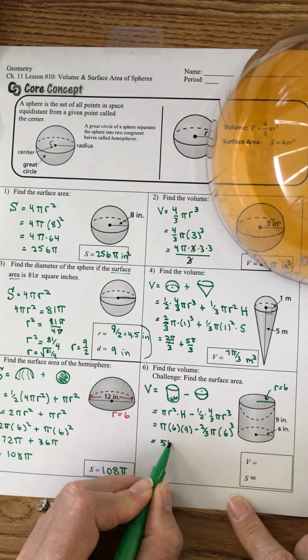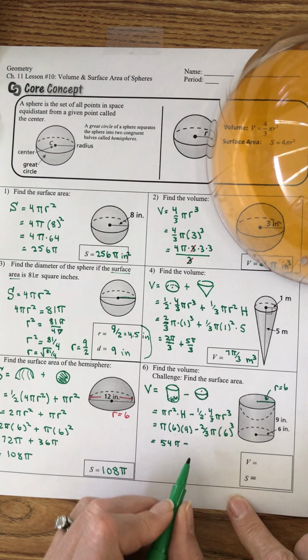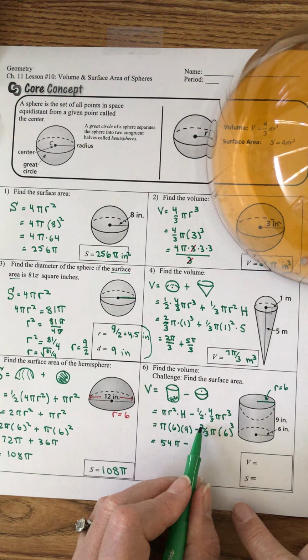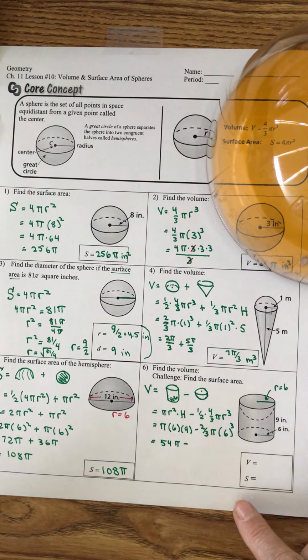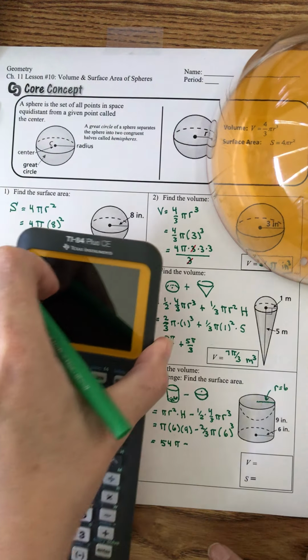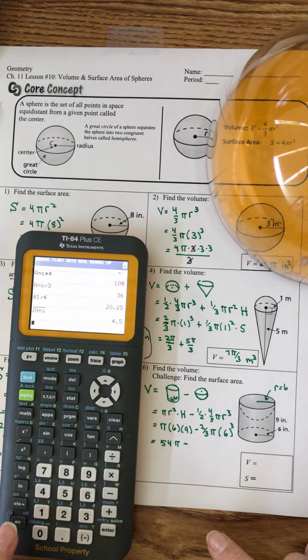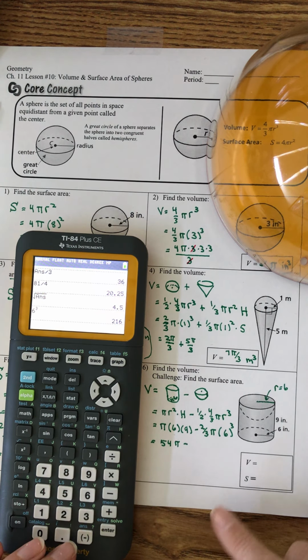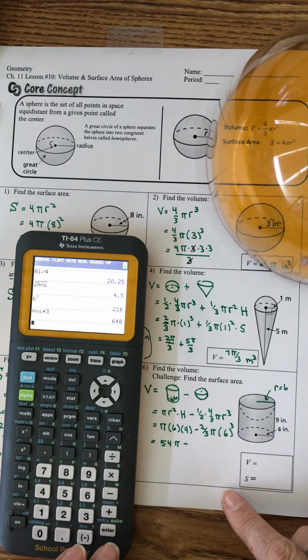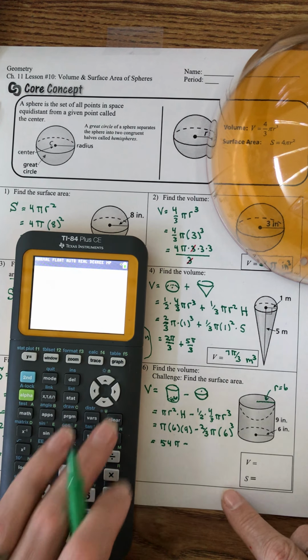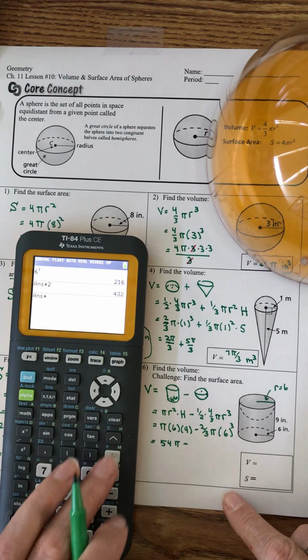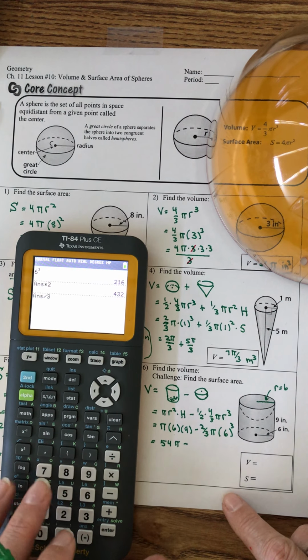So that's 54 pi minus, you could do 6 to the 3rd power times 2, then divide by 3, would probably be a good strategy on that. So 6 to the 3rd, or just 6 times 6 times 6, times 2, divided by 3.